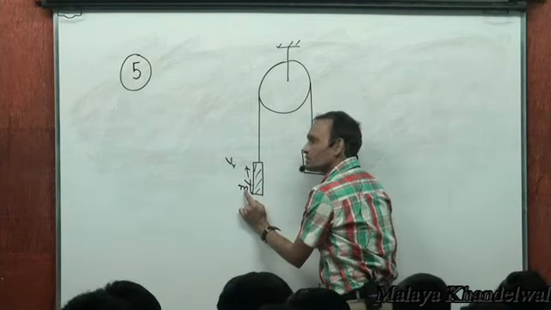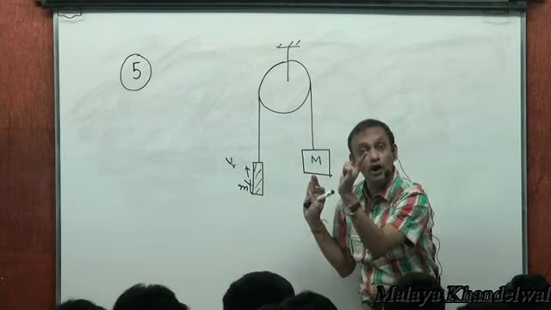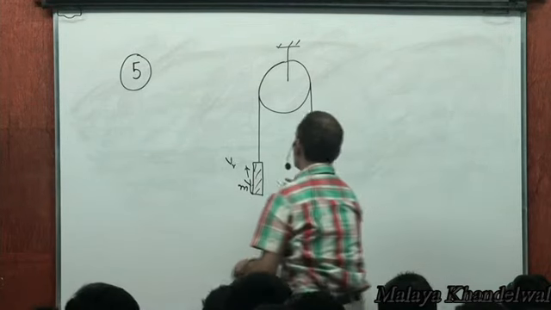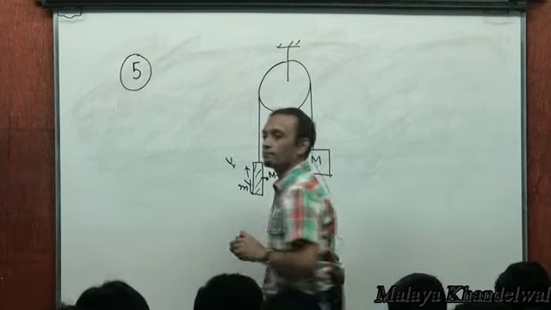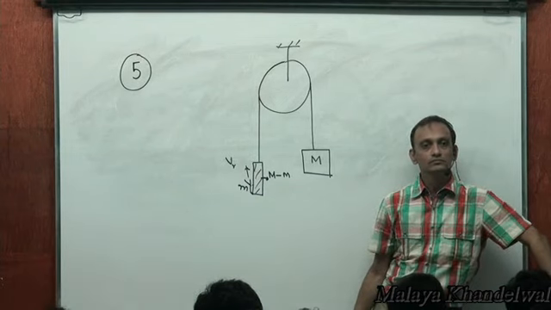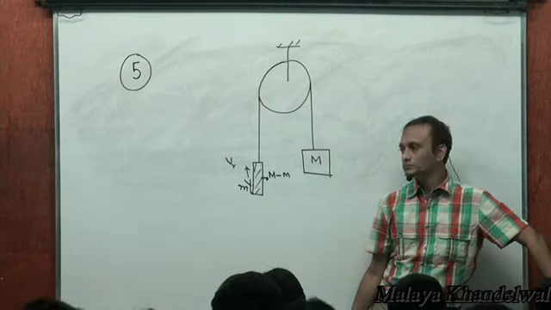Therefore, if the mass of the man is small m, the mass of the ladder must have been capital M minus small m, right?